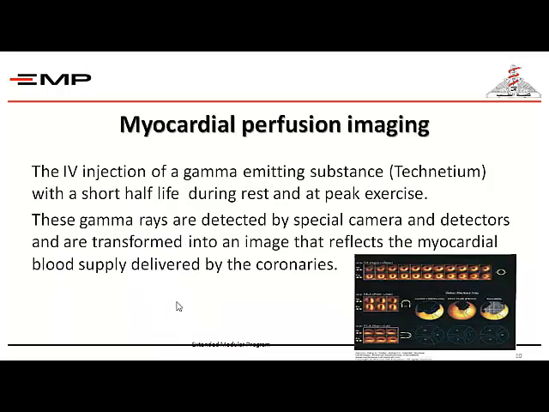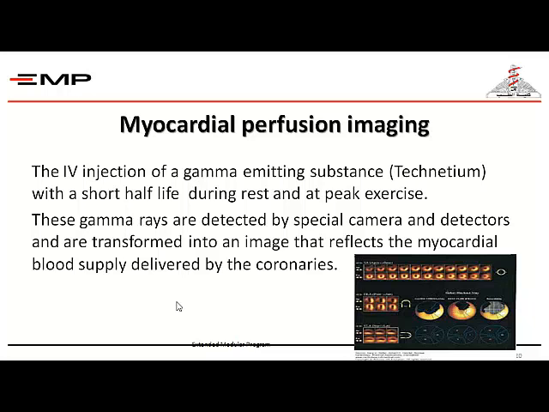Myocardial perfusion imaging is a semi-invasive test where you give an IV injection of a gamma emitting substance called technetium, with a short half-life, during rest and at peak exercise. These gamma rays are detected by special cameras and detectors and are transformed into an image that reflects the myocardial blood supply delivered by the coronaries, what's called myocardial perfusion.